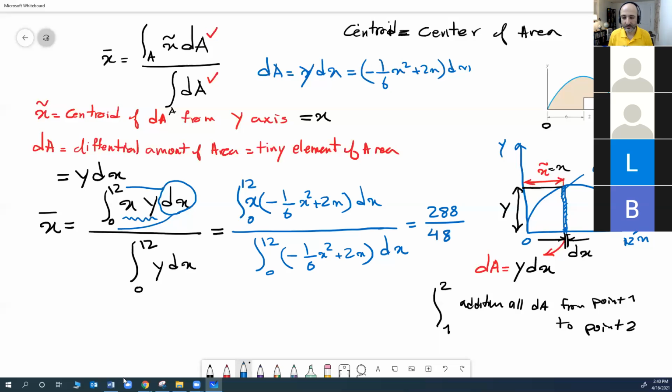And 48. Okay, what are the units? What is the unit of this 288 and what is the unit of 48? In this problem, all the units are meters, 6 meters, 2 meters. So what is the unit of that 288?